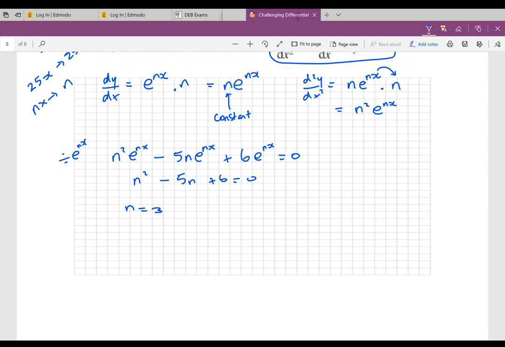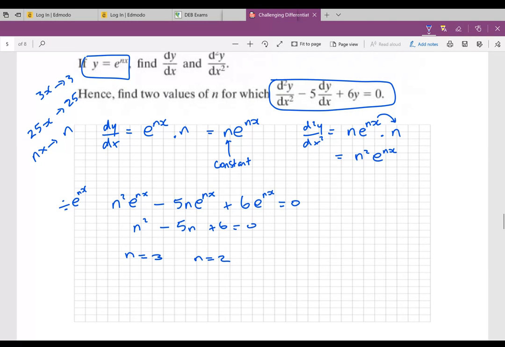When you solve it, you will get n is equal to 3 and n is equal to 2, which are the two values of n.